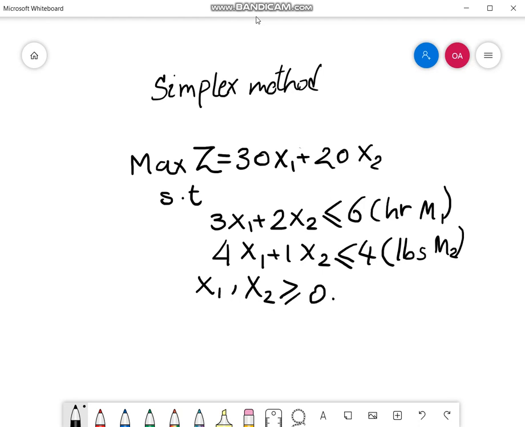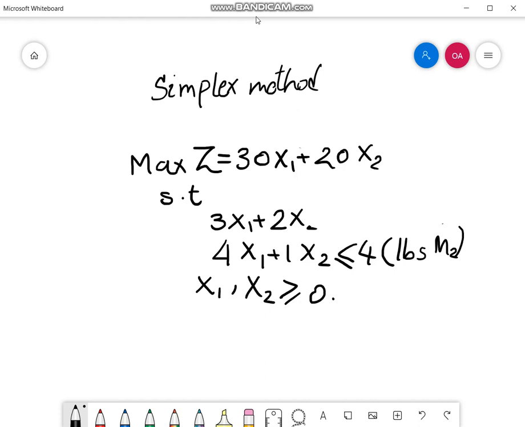This problem cannot be read in this format, so the program doesn't know what to do with the inequality sign. So we're gonna remove this inequality and replace it with a variable we call a slack. This will be switched into a slack variable.